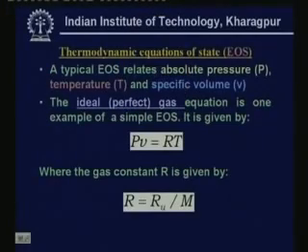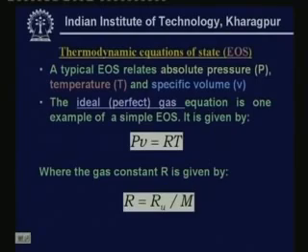The next simple equation of state is that for an ideal gas, which is given here. As you know very well, for an ideal gas the relationship PV is equal to RT holds good, where P is the absolute pressure, V is the specific volume, R is the gas constant, T is absolute temperature, and the gas constant R, as you know, is given by the universal gas constant divided by the molecular mass.